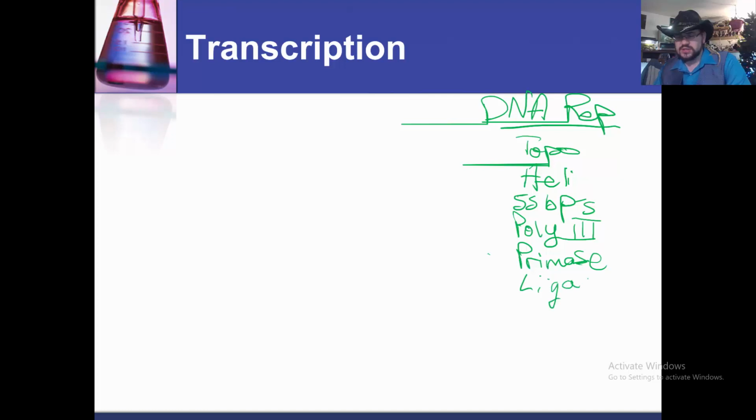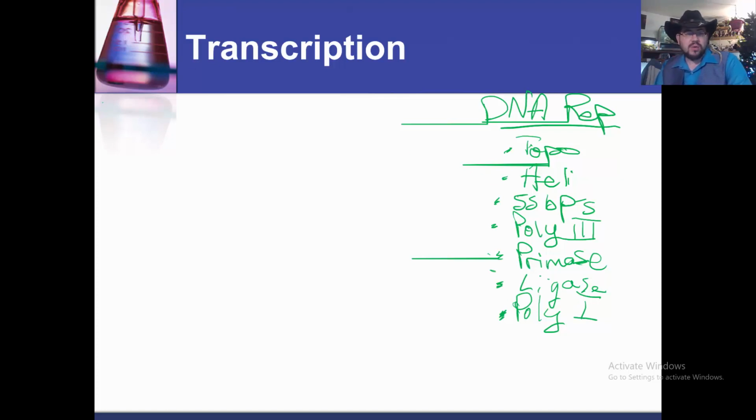Those are all the enzymes operating together to replicate DNA. We've got 1, 2, 3, 4, 5, 6, and I'm missing something because there's a 7th. So we've got topoisomerase, helicase, single-stranded binding proteins, primase, polymerase III, polymerase I. So we've got 7 different proteins required for DNA replication.